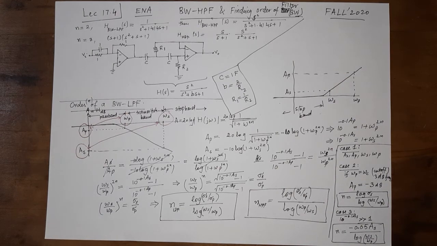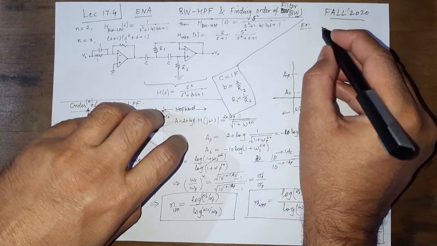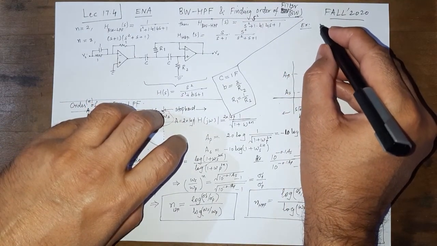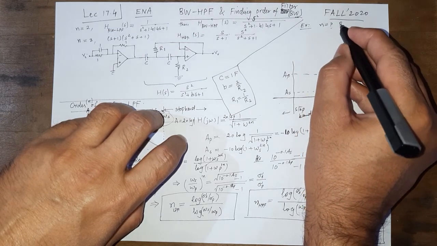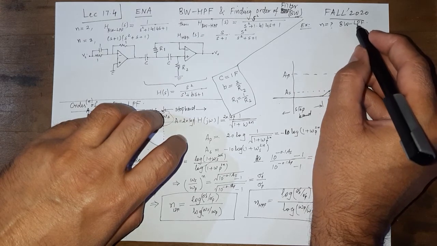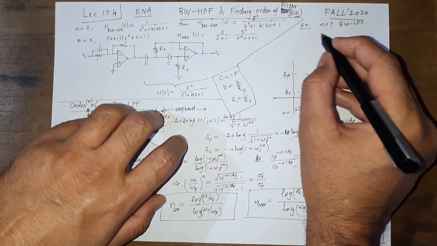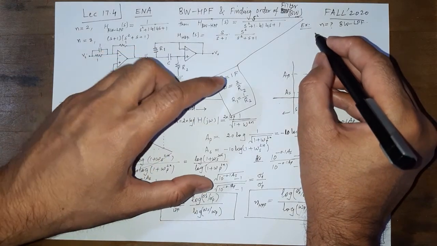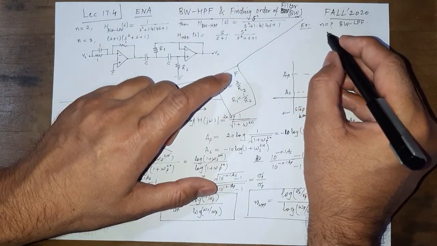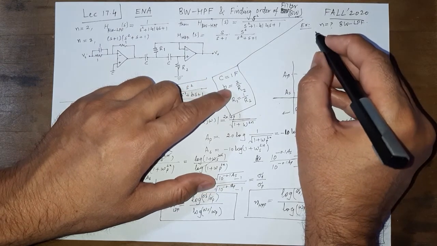So now, say there is an example that says: determine the order of a Butterworth low pass filter. Even if the filter type is not mentioned, it's okay, because what is specified will tell us whether it's a low pass or high pass filter. It's not clear at this point.